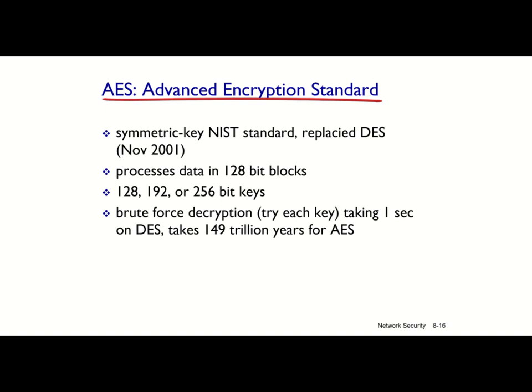And if you want to use brute force to break the key, if you can decrypt DES in 1 second, you can break AES in 149 trillion years. So that shows how secure AES is compared to DES.